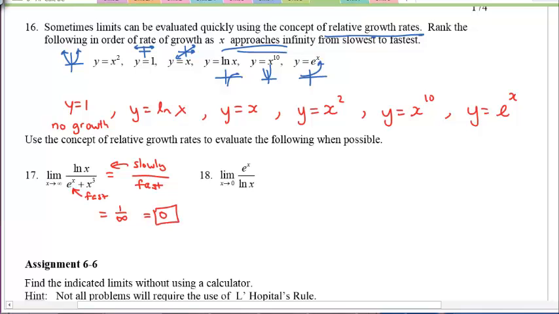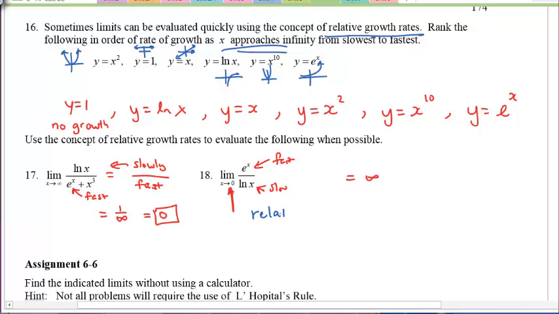Okay. 18, you can think, oh, e to the x is fast. This is slow. So the answer is infinity. But you made one major mistake. And the major mistake is the limit here says x approaches 0. But remember, I can only use relative growth rates when x approaches infinity.